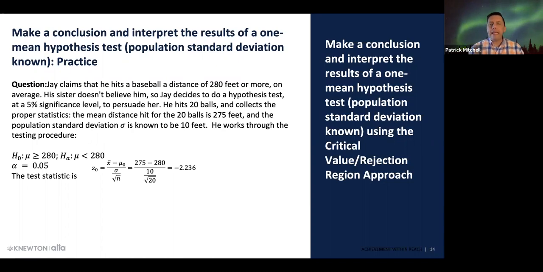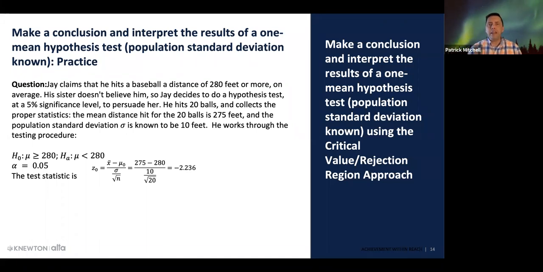So the meaning of this test statistic is like this. In a world where Jay actually hits a ball 280 feet, a sample of 20 hits that averages 275 feet would have a z-score of negative 2.236. So it would be about 2.2 standard deviations below the mean. Now there are two possibilities here.